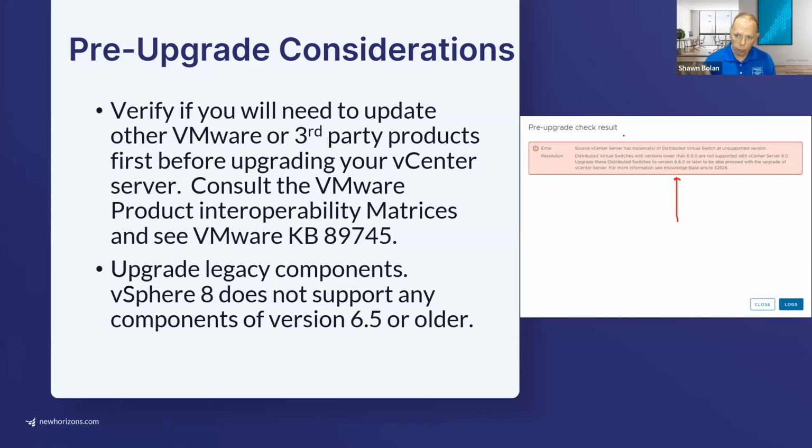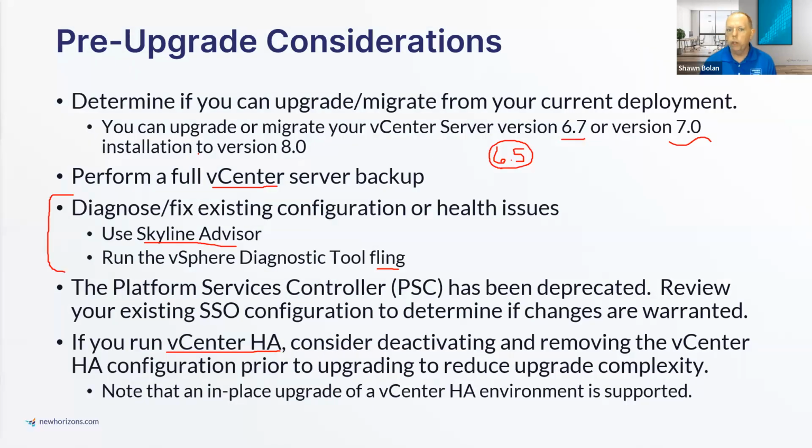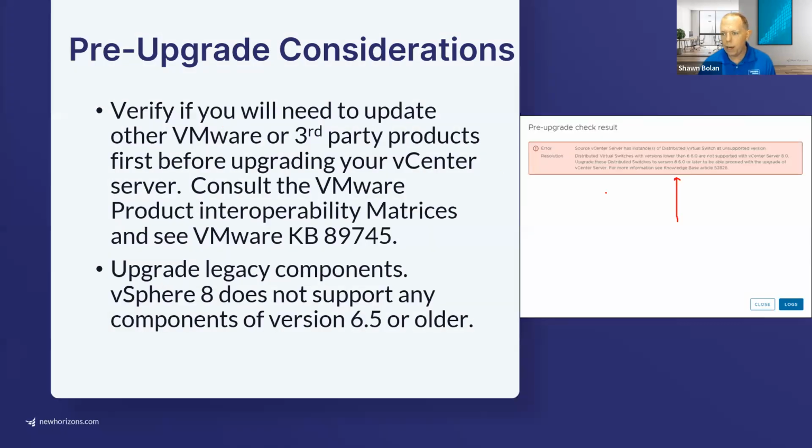The fact that this prerequisite scanner is a part of the vCenter upgrade, that's good. Thank you for putting that in there, VMware. But again, hopefully, if we had done our due diligence in analyzing our environment first, we would not have gotten to that specific item.